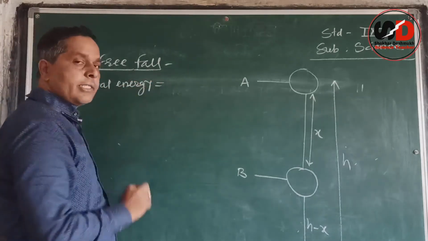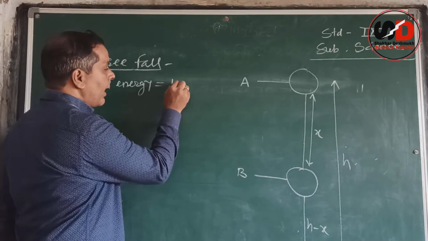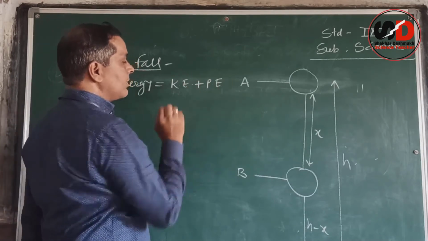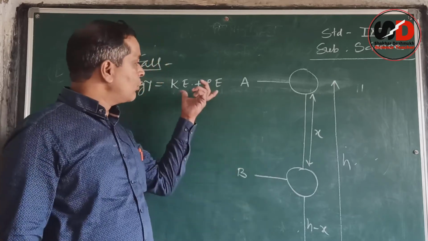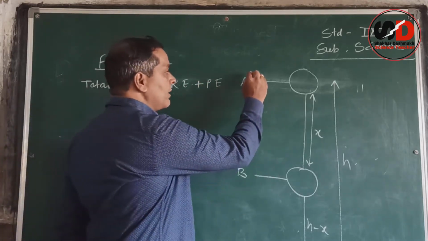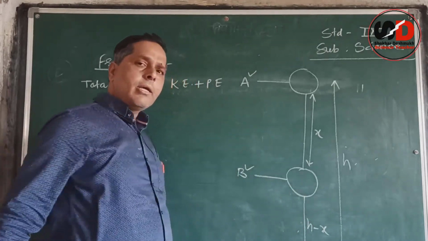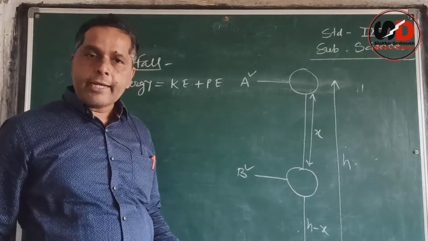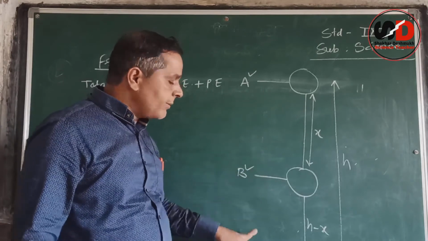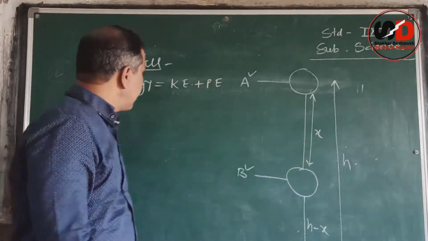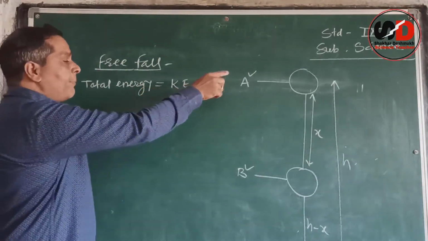Total energy is equal to kinetic energy plus potential energy. It is nothing but total energy, and we have to calculate this total energy at A, B and C points. And let us prove that at all these 3 points the total energy is equal. Let us try. What is total energy at point A?